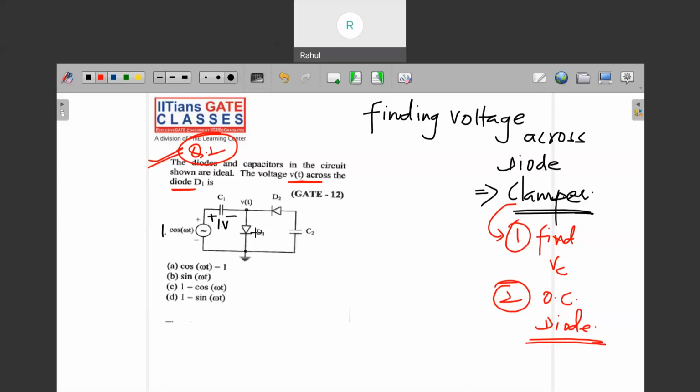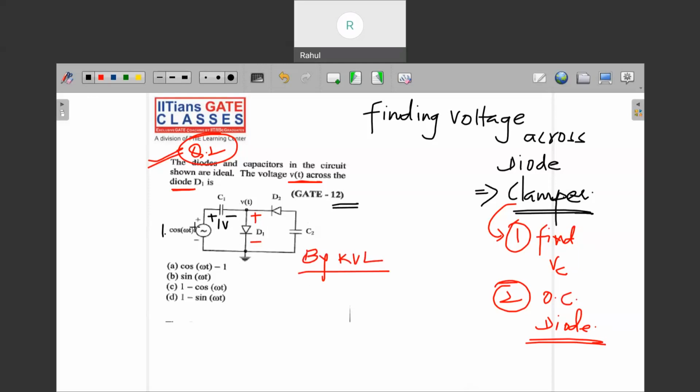And then forget about this diode, right? So across this, plus to minus, you can apply one KVL. See how easy this question is. This question was asked in GATE 2012.